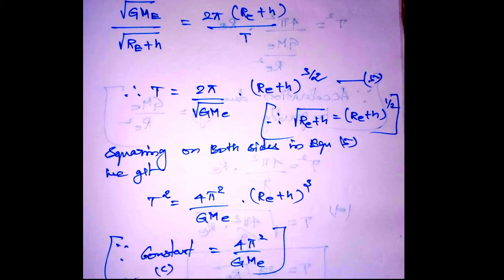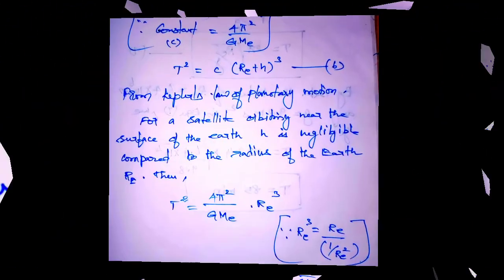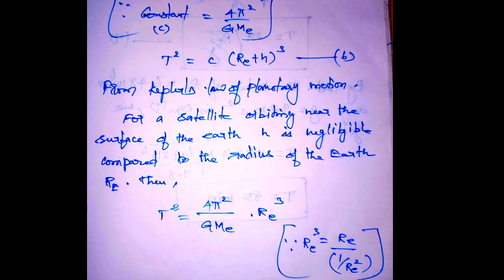Then squaring both sides of equation 5, we get T² equals 4π² divided by G Me, into (Re + h) whole cube, because the square and the square root cancel. Since 4π² divided by G Me is a constant, I represent the value as C, and replacing the value in the above equation, we get T² equals C (Re + h)³, and this is equation number 6.